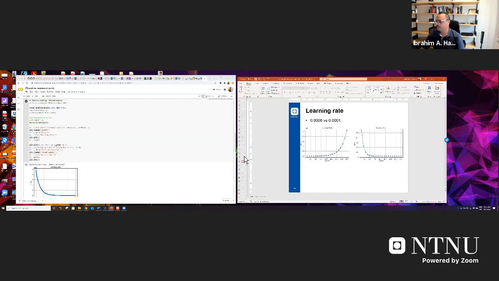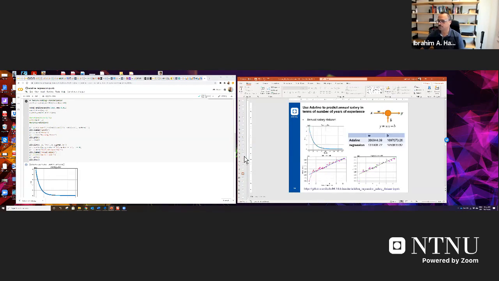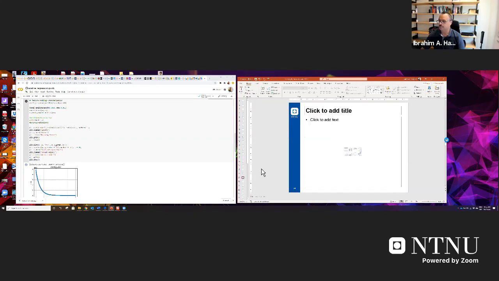So when eta, the learning rate, is maybe 0.001, okay, it will take this big number.